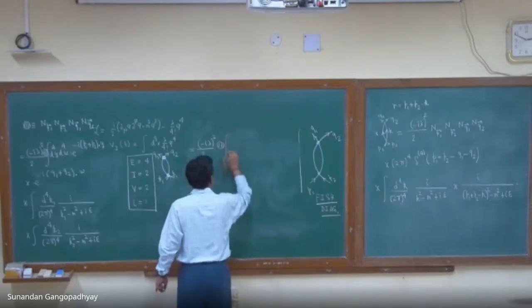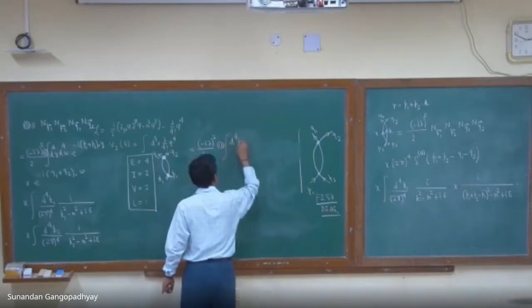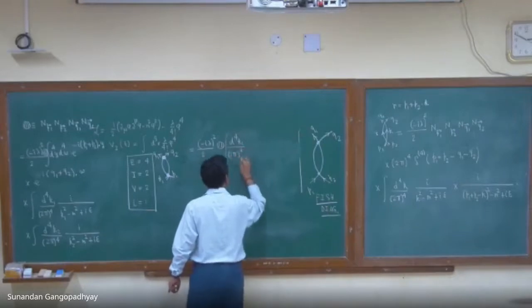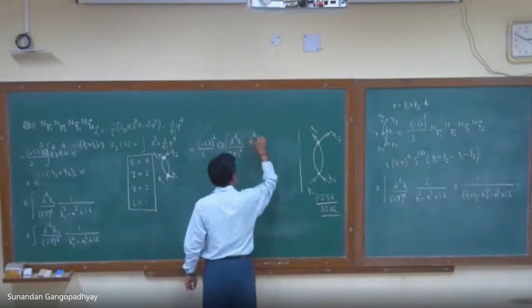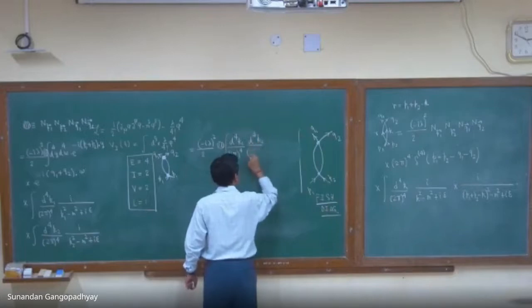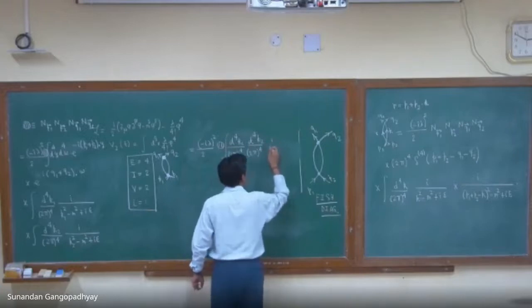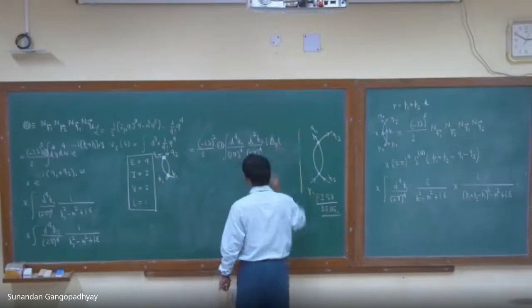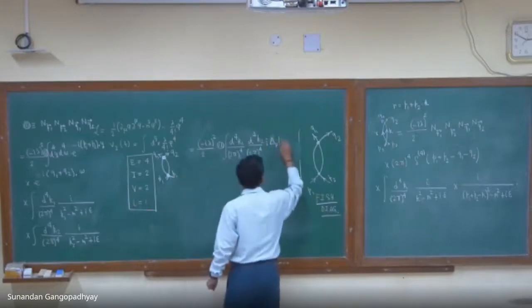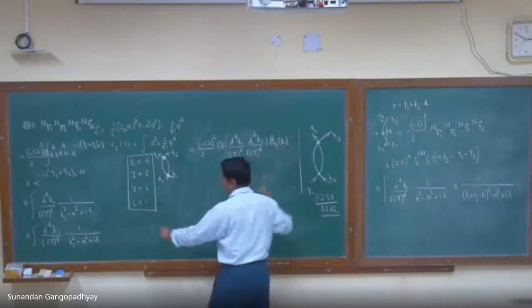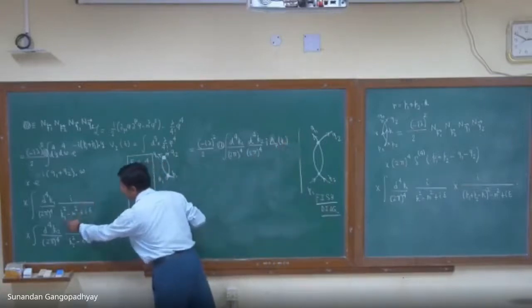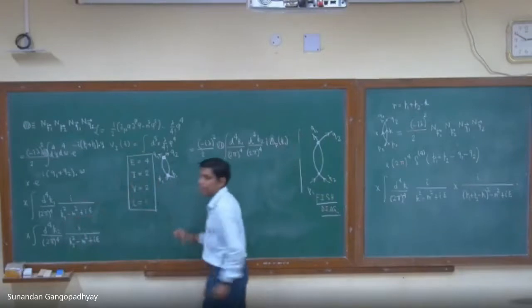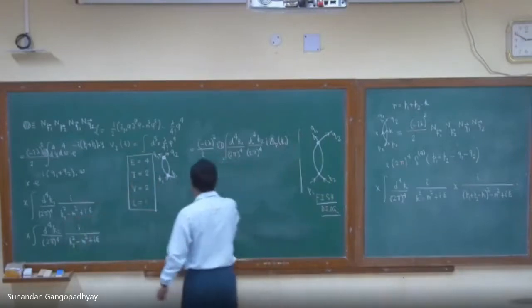And then we have d^4k1 by (2 pi)^4, the momentum integrals. Let me write it down in the following way: i delta_F(k1). This means delta_F(k1) is 1 divided by k1 squared minus m squared plus i epsilon.